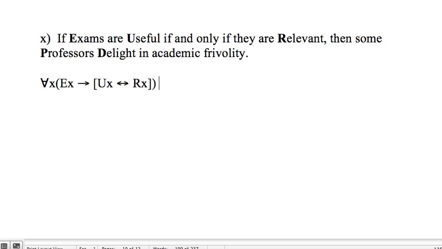It's saying if that's so, that exams are useful if and only if relevant, then some professors delight in academic frivolity. Well, that sounds like just a long-winded kind of particular affirmative, and that's what it is. It's a statement about some professors that's saying that they delight in academic frivolity. So there's our solution.